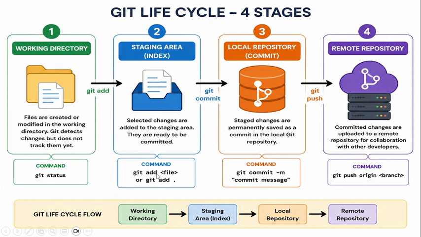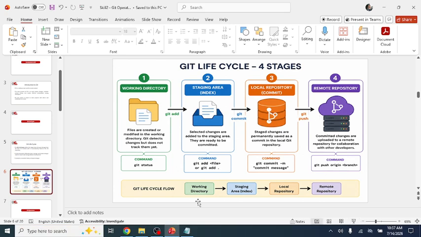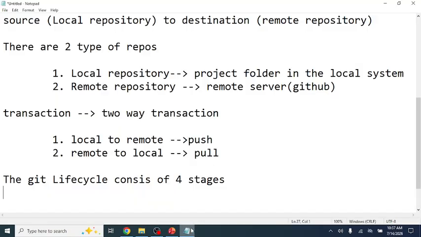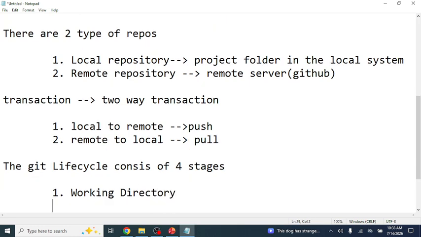Now let's discuss how these 4 stages will work as a Git life cycle. Stage 1, second stage, stage 2 is a staging area.